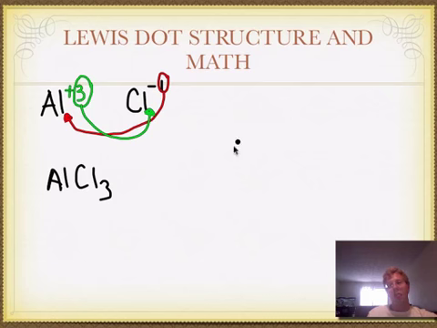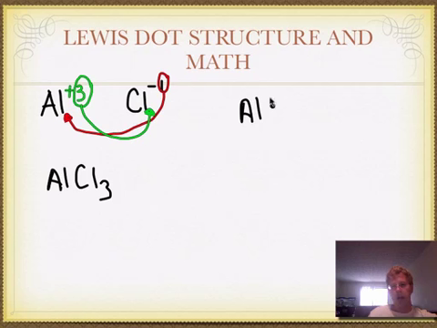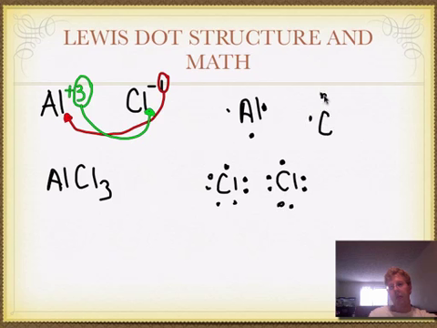And so my final compound formula is going to be AlCl3. If you were to draw out the Lewis dot structure for this, and we have our 3 valence electrons for aluminum, I could draw in those individual chlorine atoms and demonstrate that it takes 3 chlorine atoms to balance out our 1 aluminum atom.